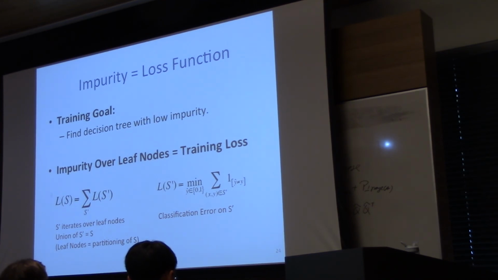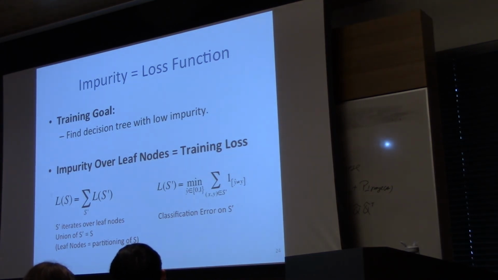Again, we're still just talking about a single query, although this concept generalizes. If the decision tree is a single query, choose the query that gives the lowest impurity, or the greatest impurity reduction from just having a root node. You can think of impurity over leaf nodes as equivalent to some training loss, because it enumerates over all the training examples, since it defines a complete partitioning.